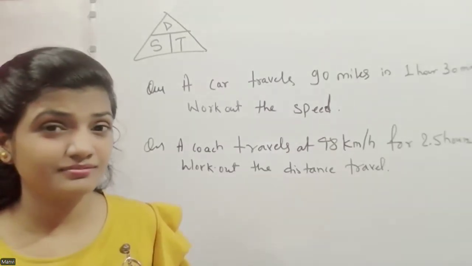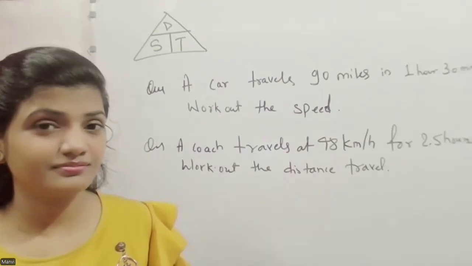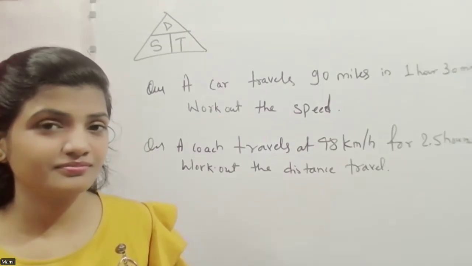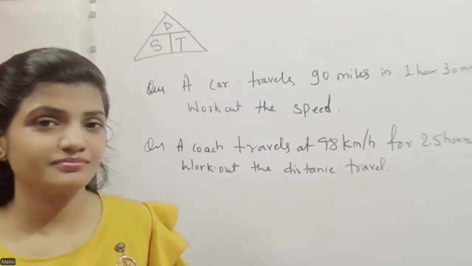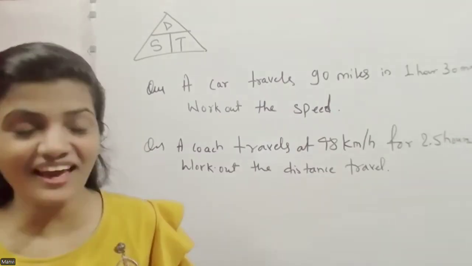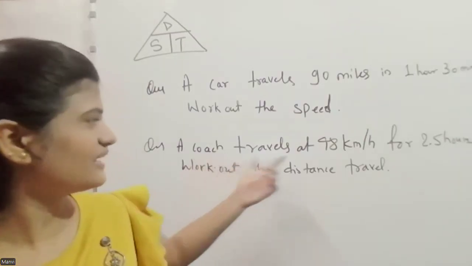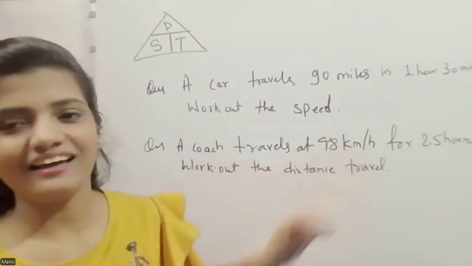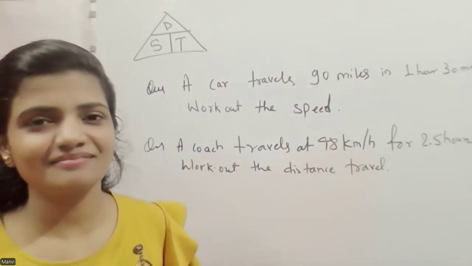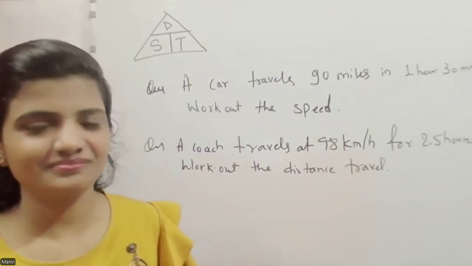Miles? I mean, not miles. Is it kilometers? Yeah, why do you say miles? We have speed in kilometer per hour and time in hour. I was looking at a different question.